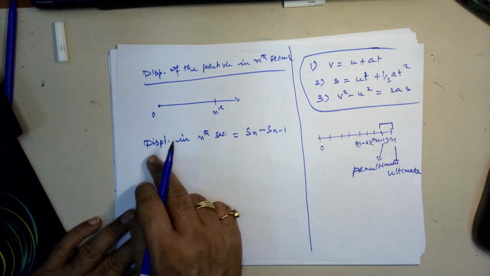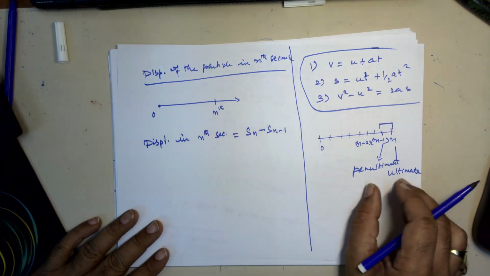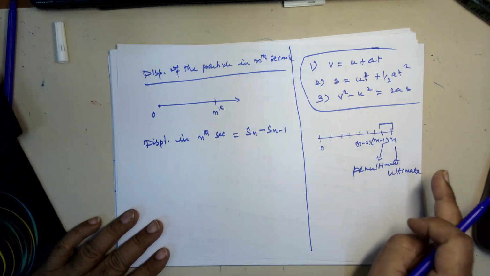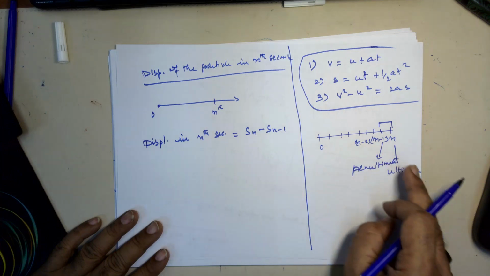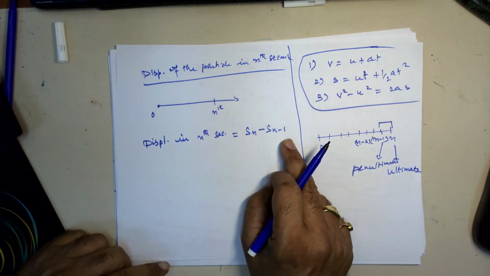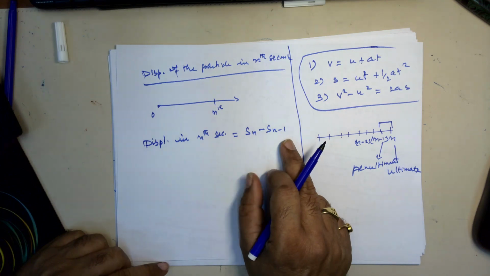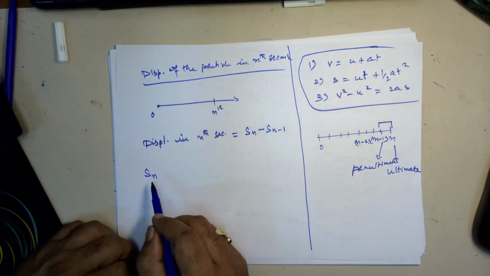So the displacement in nth second means the difference in position between the ultimate and penultimate position. Are you able to understand this? So the ultimate position is represented here as Sn. Penultimate is Sn minus 1. Got this?